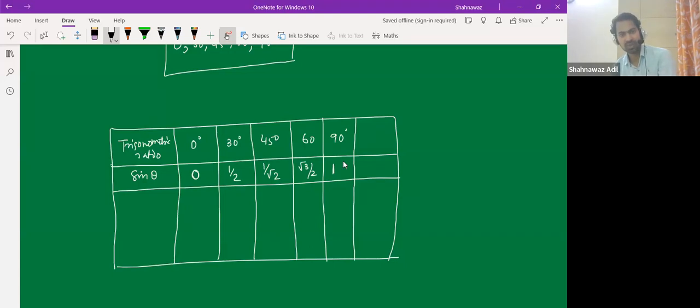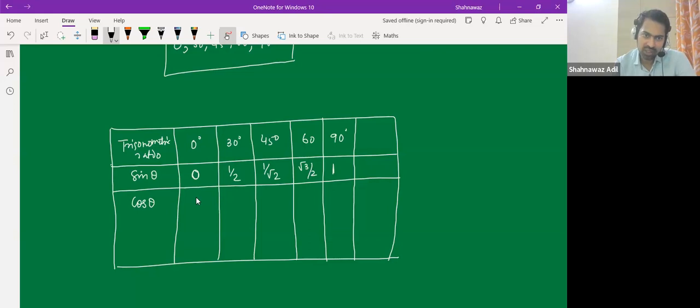If we remember for the sine, then we can remember for cos and tan, right? So then if we know sine, cos, tan, then we can calculate all the rest. So for the cos theta, whatever we have written in this way, we just take the opposite order.